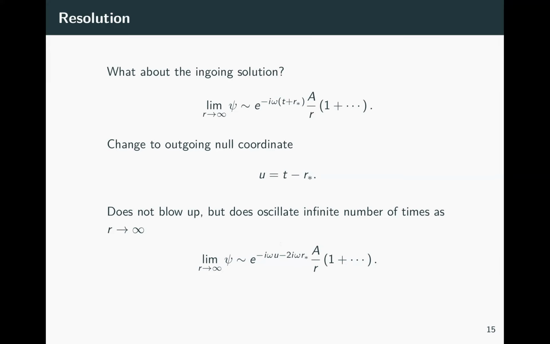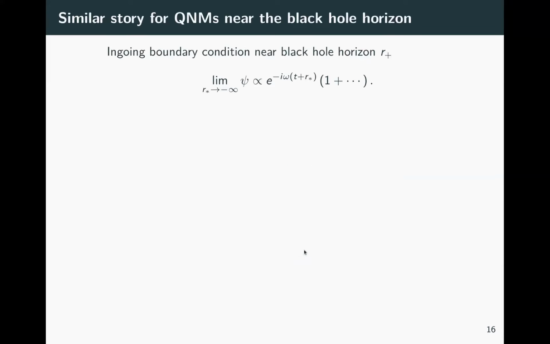So the outgoing wave solution at infinity is this regular, nice looking function, while the ingoing wave solution at infinity, which you want to ignore, is infinitely oscillating. In fact, it's not differentiable at r equals infinity because of these infinite oscillations. Interesting fact. Okay, we'll use that fact later.